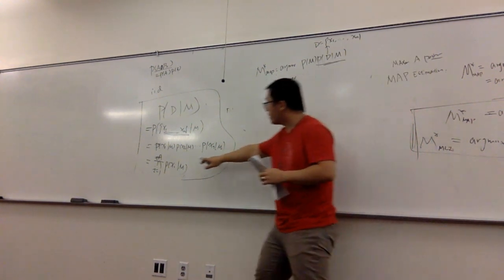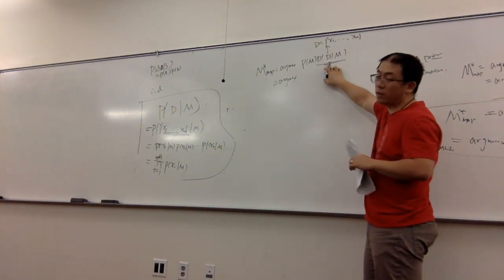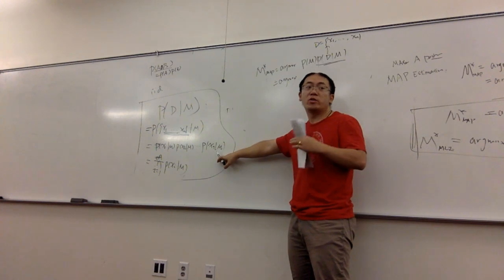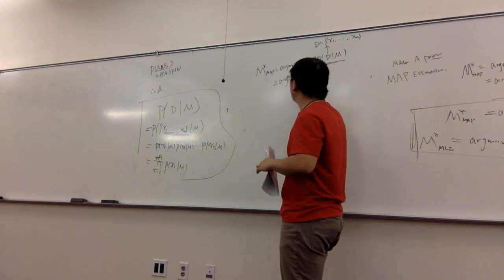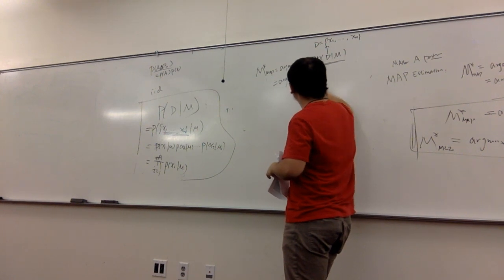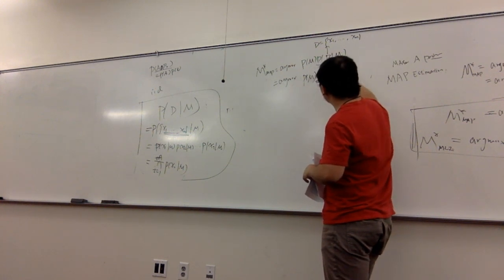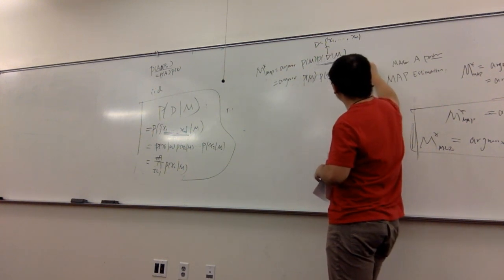Now we replace the likelihood with this product according to the IID assumption. So now we have the prior times this product: P(x1 given M) up to P(xn given M).